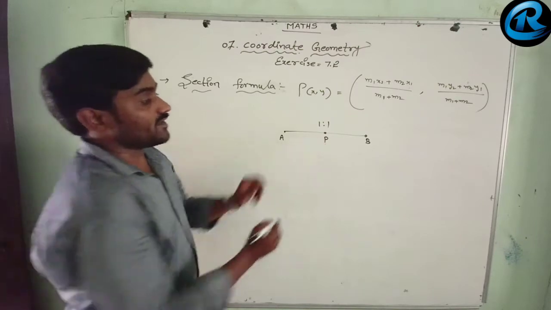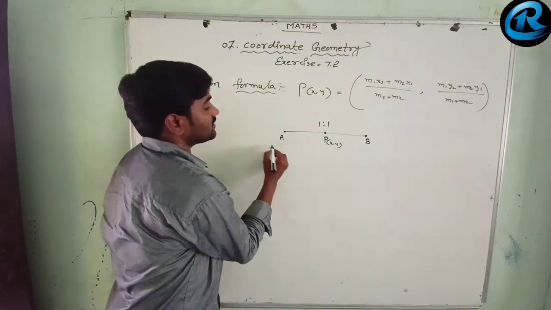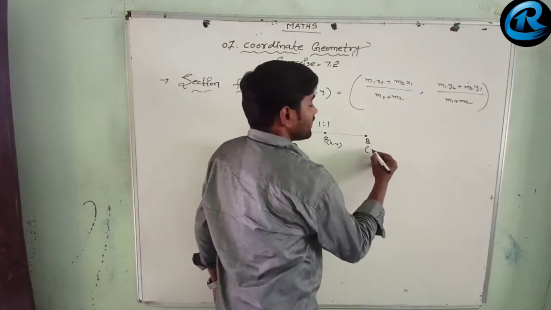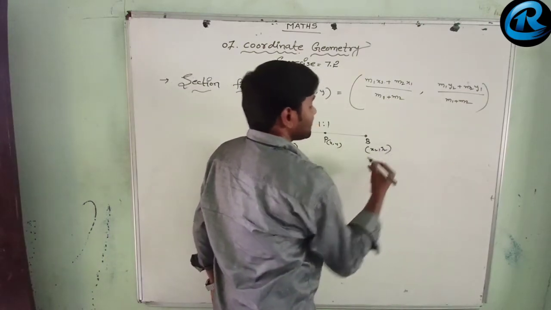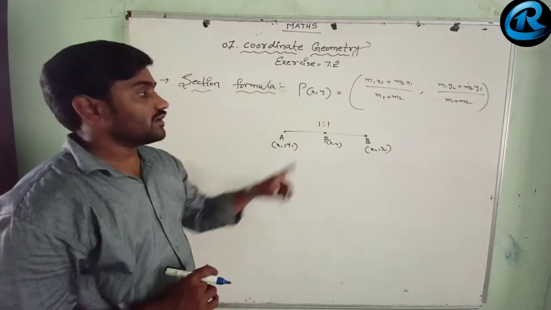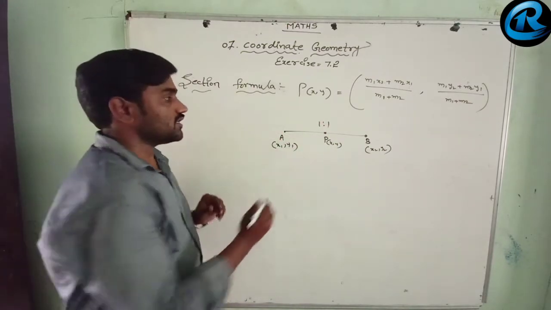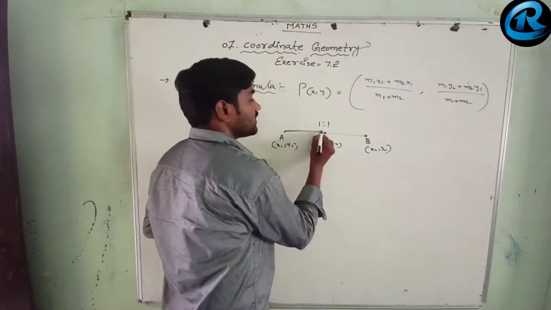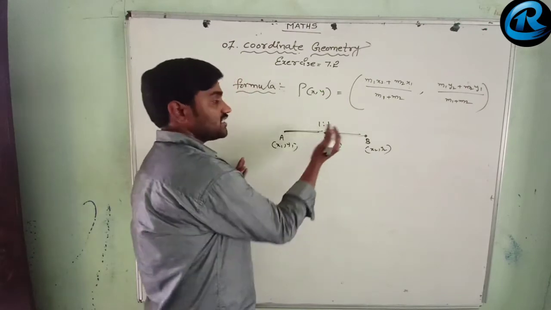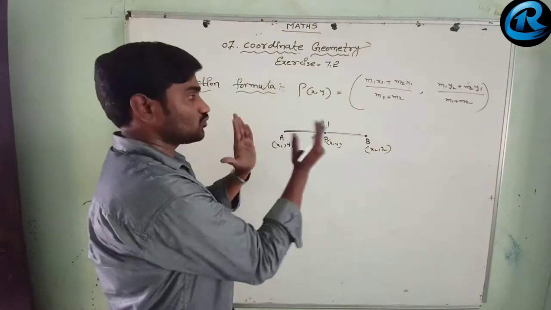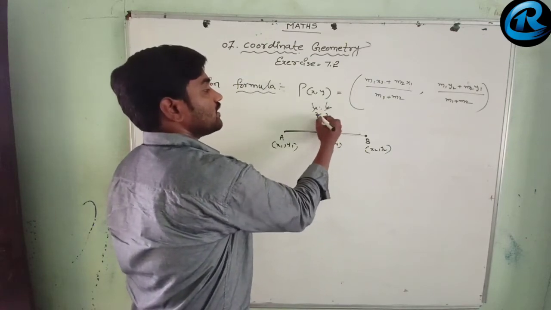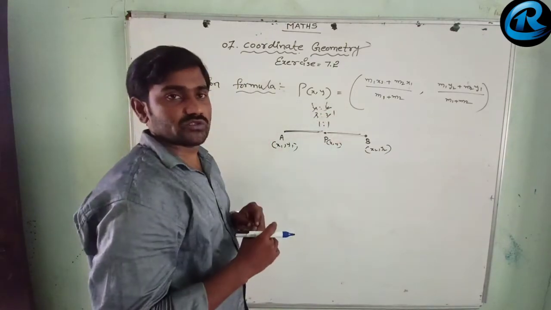If this point P(x, y) is dividing A(x1, y1) and B(x2, y2) in the ratio m1:m2, then from here to here, the distance A to P and P to B will be the same. Whether it is dividing 1:1 or 2:2 or 3:3 or 4:4, these are all equal ratios only.